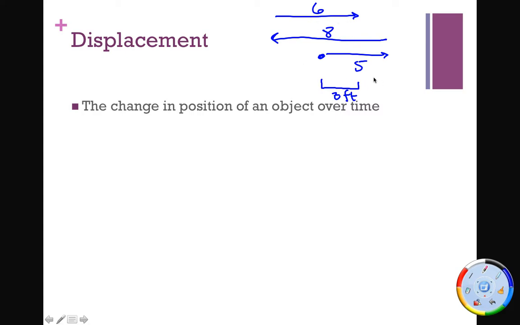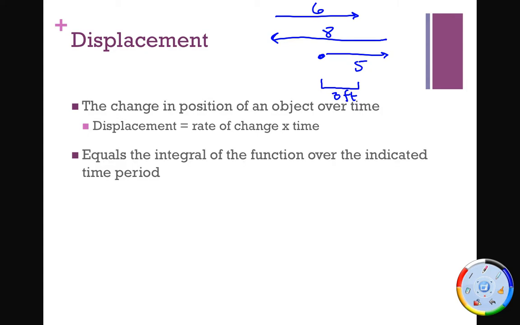All right. Basically, the book describes displacement as the rate of change times time. And what this ends up being is actually, in calculus terms, the integral of the function over the indicated time period.